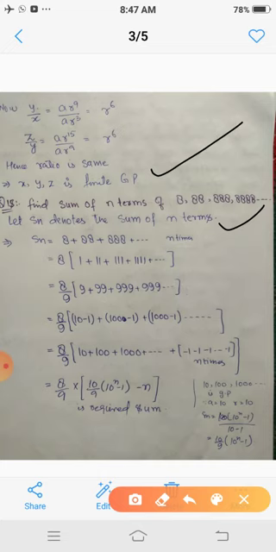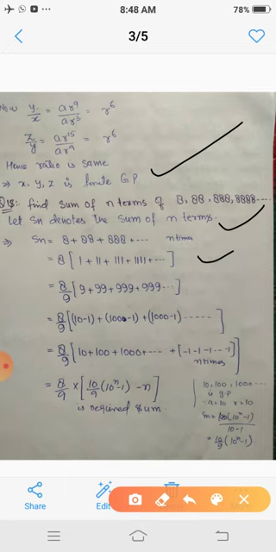Taking 8 common, we get 8 into (1 plus 11 plus 111 plus 1111, and so on up to n terms). Now multiplying and dividing by 9, we get 8 by 9 into (9 plus 99 plus 999 and so on).